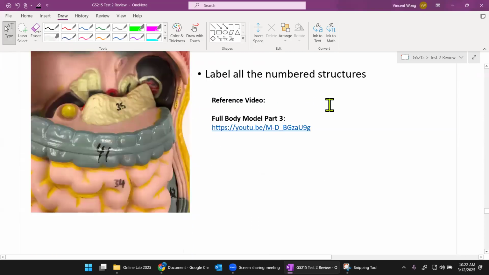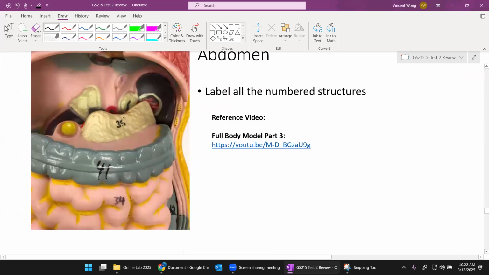Back to the digestive system now. 35 is the pancreas. You can see the spleen right here. Transverse colon.